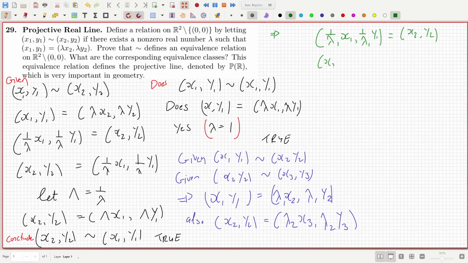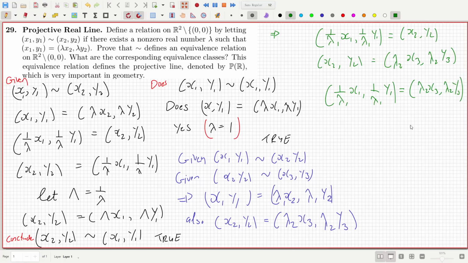And then if (x2, y2) equals (λ2 x3, λ2 y3), we can say (1/λ1)x1, (1/λ1)y1 is equal to (λ2 x3, λ2 y3).